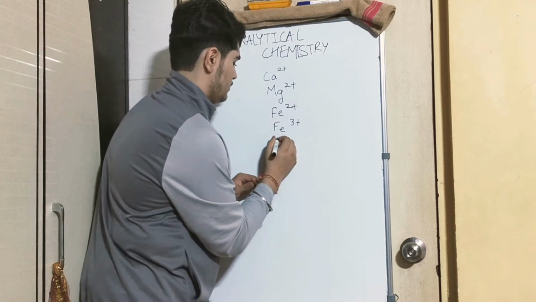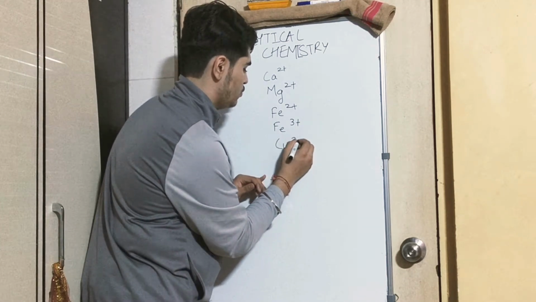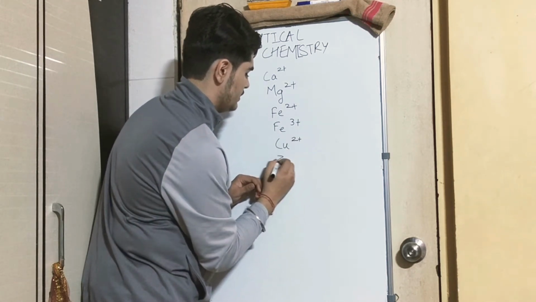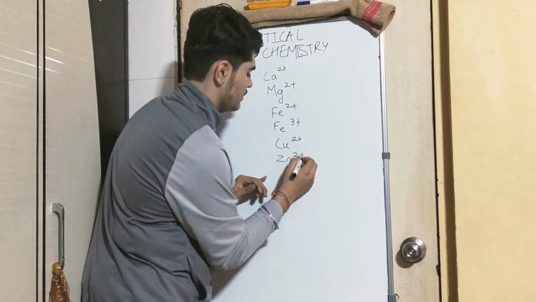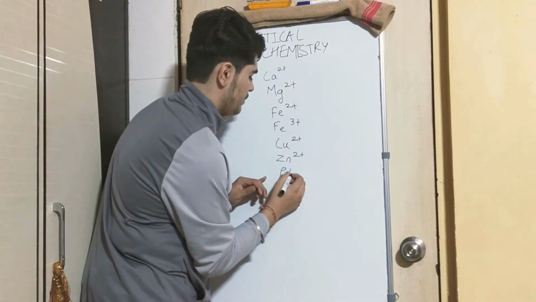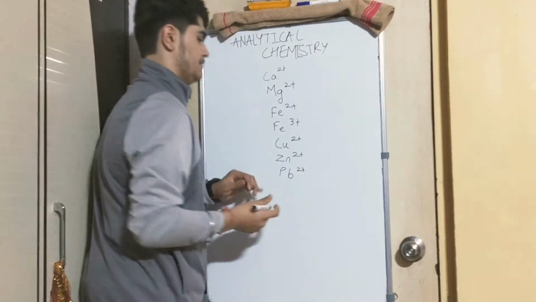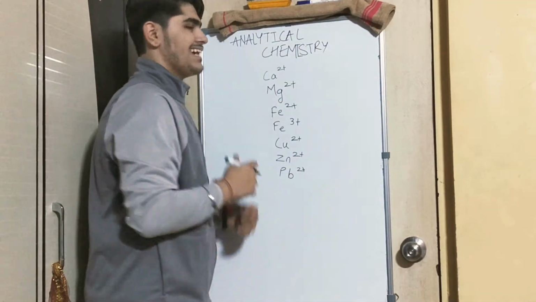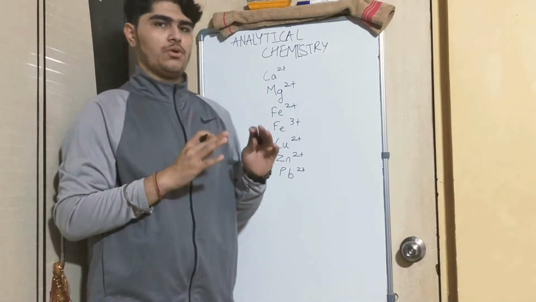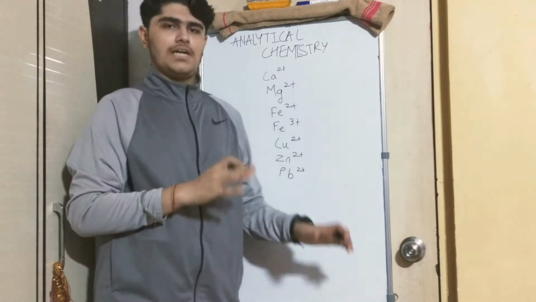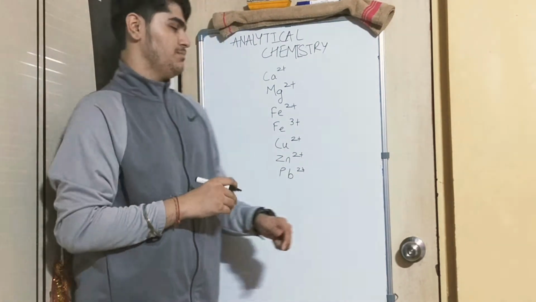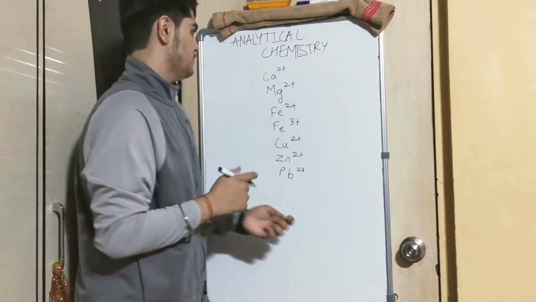Also Cu2 plus, Zn2 plus and Pb2 plus. These are the ions which are going to be concentrated in this chapter, not only in the reactions but also as well as in the reactions.